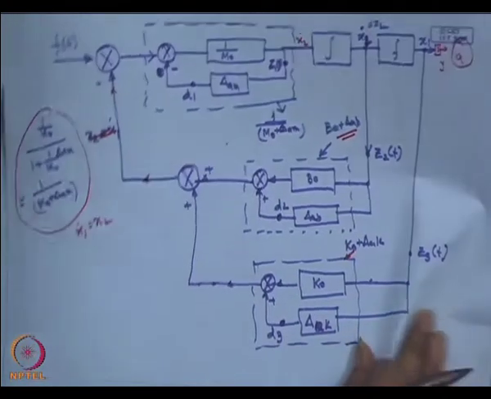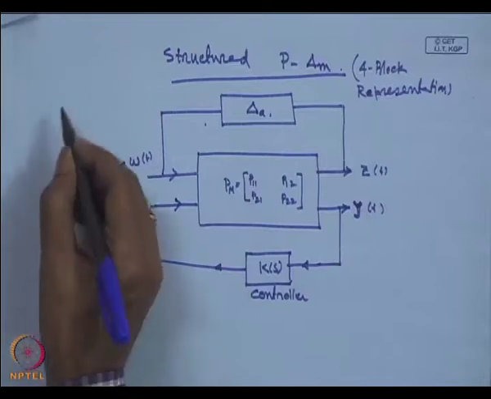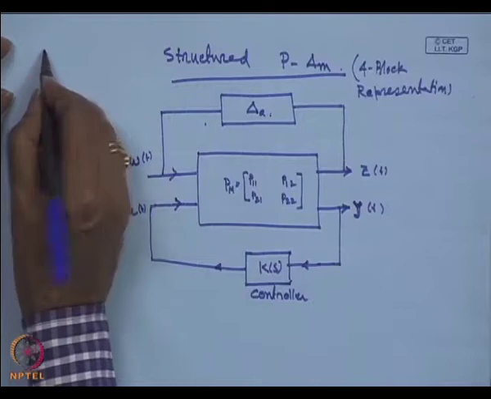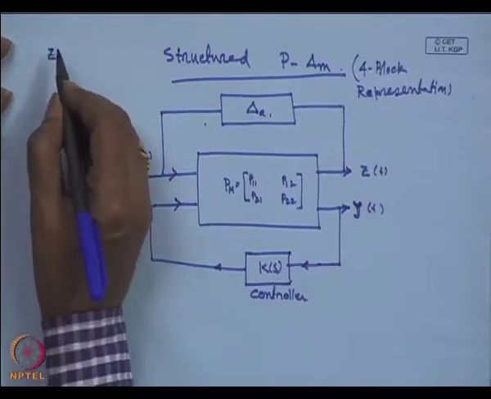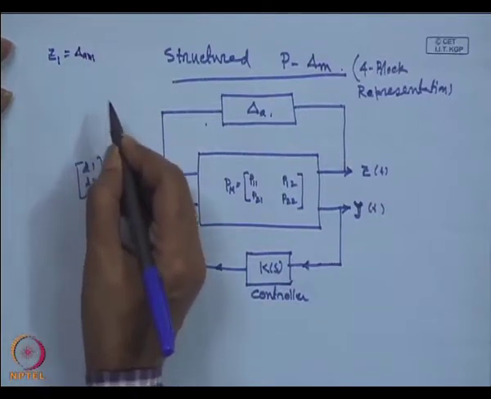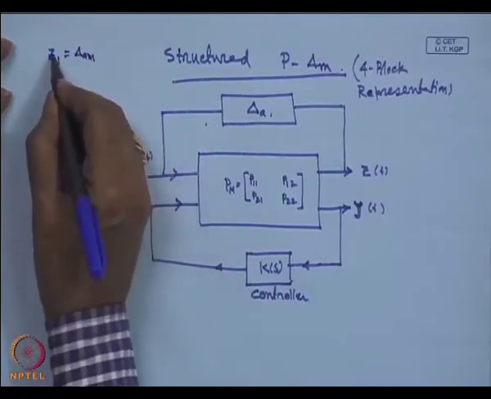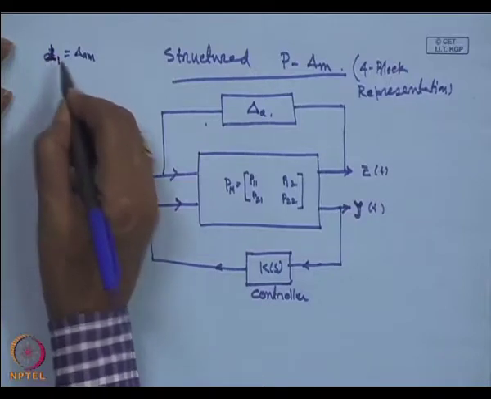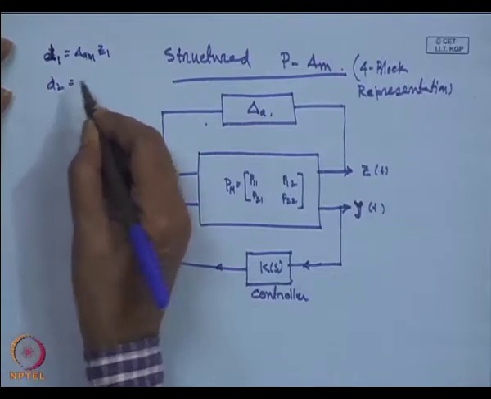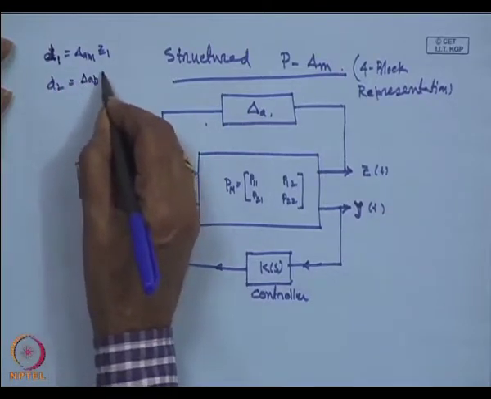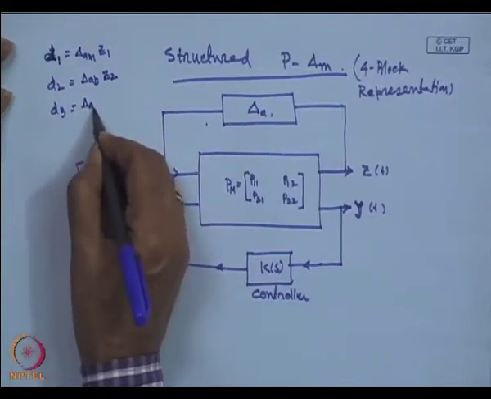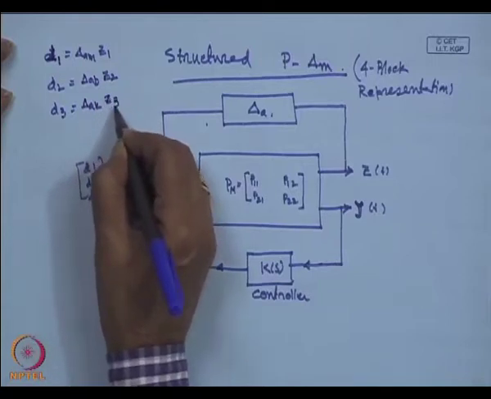We can write that expression from the figure itself: D1 is equal to delta A m into Z1, D2 is equal to delta A b into Z2, D3 is equal to delta A k into Z3.